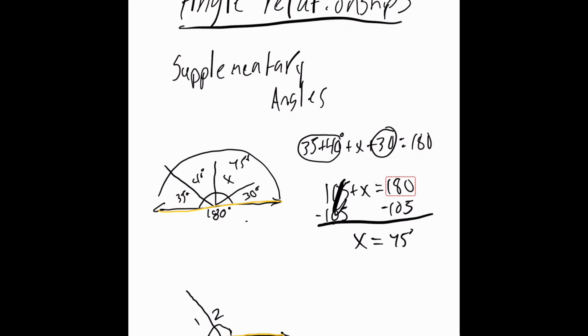So to be more specific again, linear pairs can only look a certain way, which means that you can only have two types.